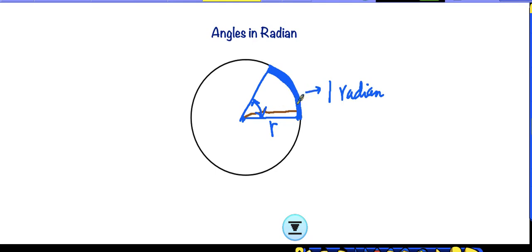So you may wonder, what exactly is the relation between radian and degree? That's a very good question, and that's something we're going to consider right now. Imagine that I keep doing this. So this is 1 radian, and I put another ribbon here.